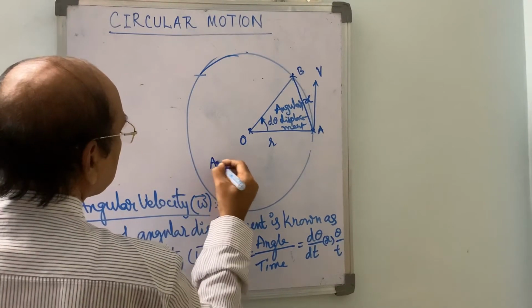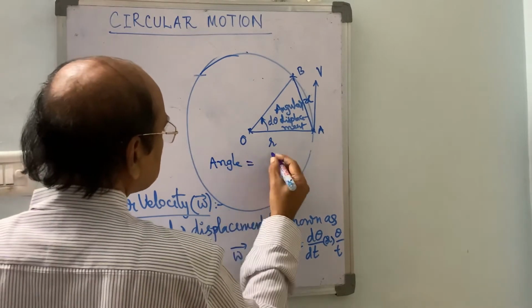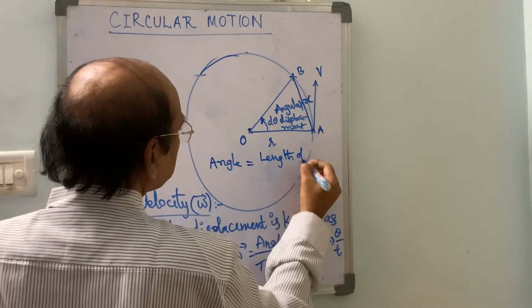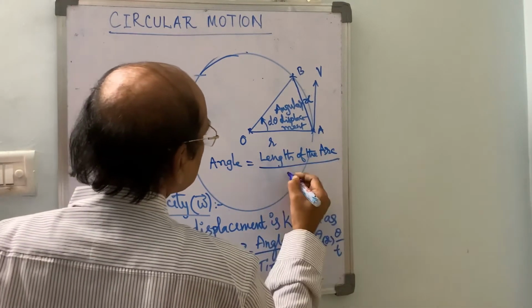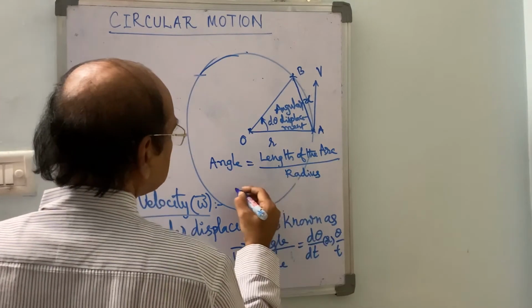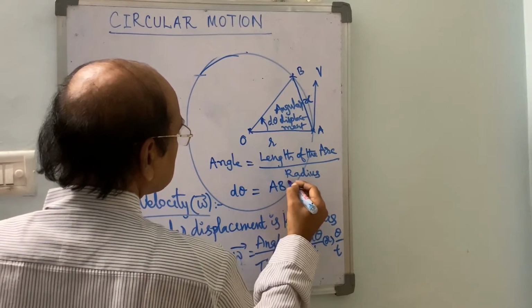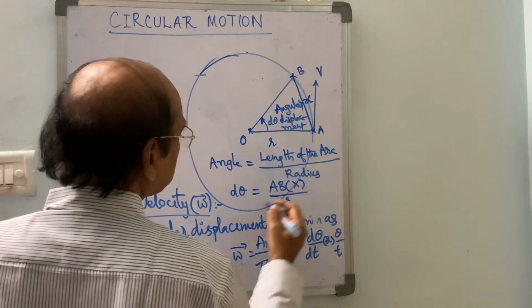So angle, or angular displacement, is also defined as the ratio of length of the arc to radius. This is another definition for angle. Length of the arc is AB, that is x by radius r.